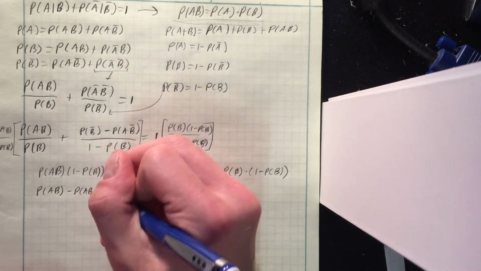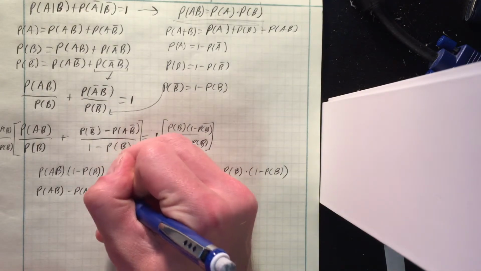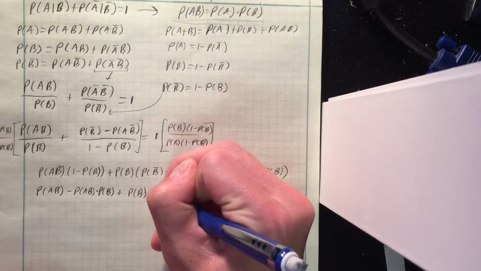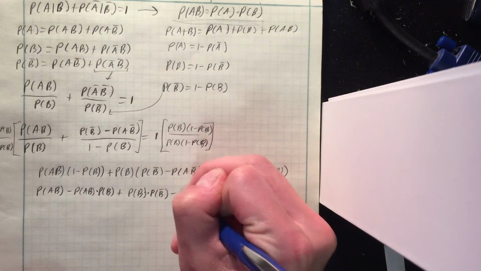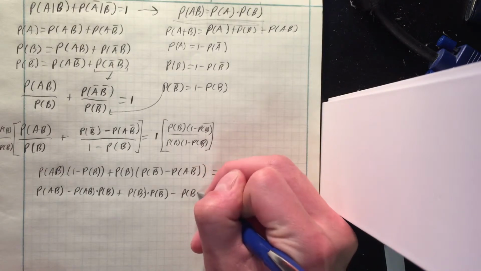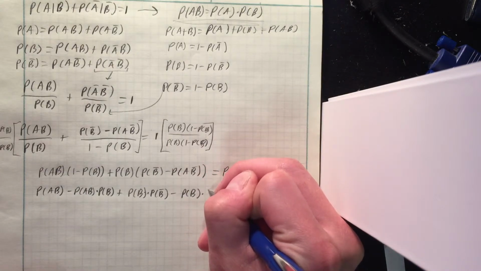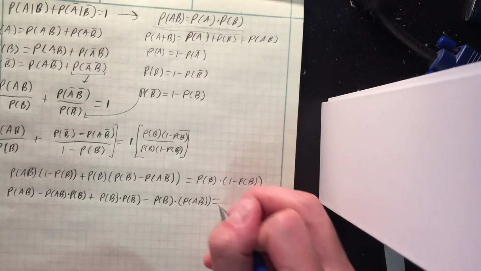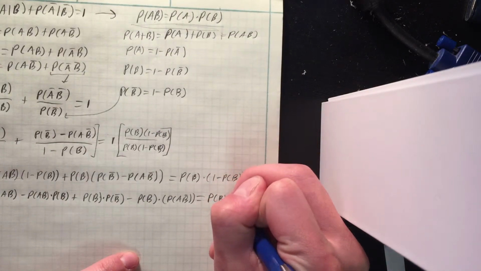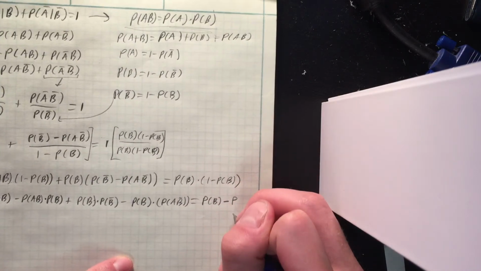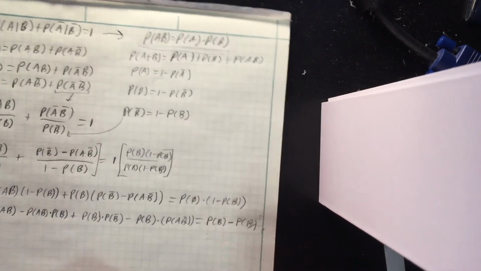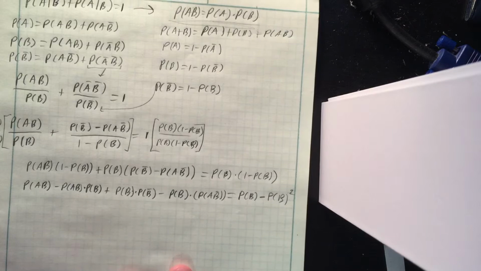That's probability of AB minus the probability of AB times the probability of B plus the probability of B multiplied by the probability of B naught minus the probability of B multiplied by the probability of A B naught, which is equal to the probability of B minus the probability of B times probability B, or probability of B squared. So we got a lot of things going on now.